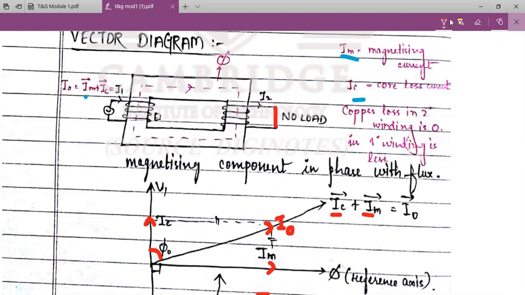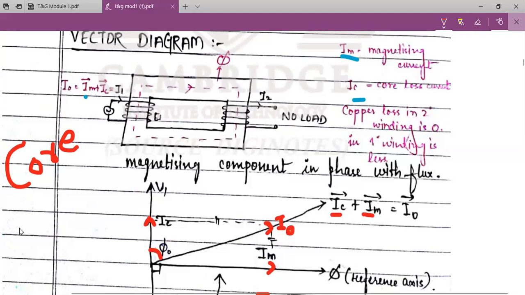Here it is a no load condition, so I2 is 0, there is no copper loss, and only core loss will be present in a practical transformer on no load.